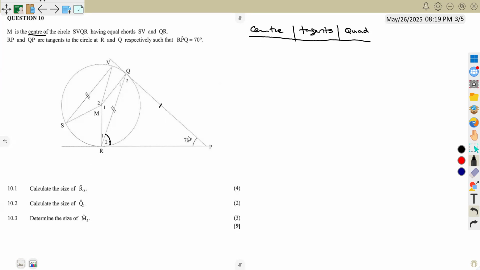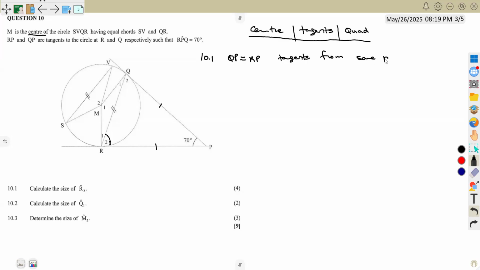So we can conclude that QP is equal to RP. To answer question 10.1, we say QP is equal to RP. The reason for that: tangents from same point.